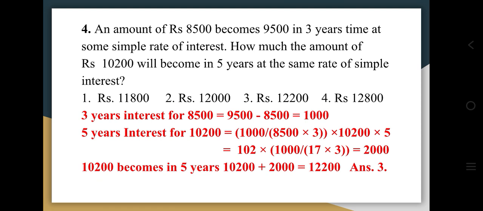So if you cancel 51 with 102, we get 2. So 2 into 1000 is 2000.